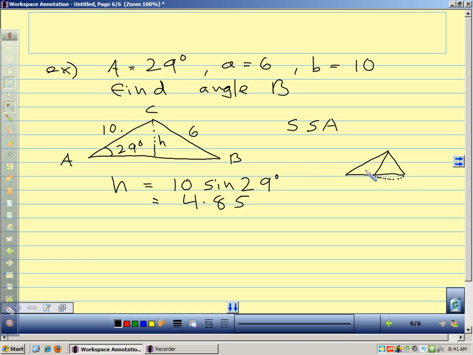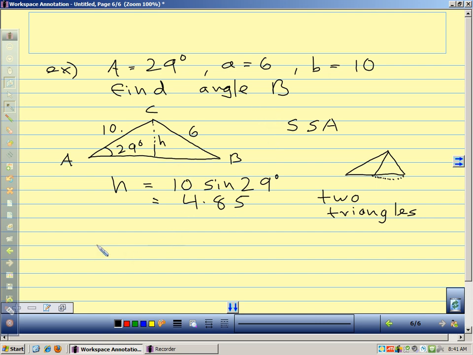We could swing that side around. So let's use the law of sines. We know we get two possible triangles, so angle B can have two possible values. We'll figure out both of them.